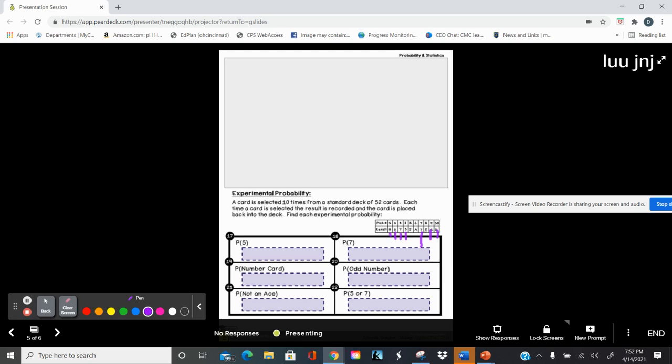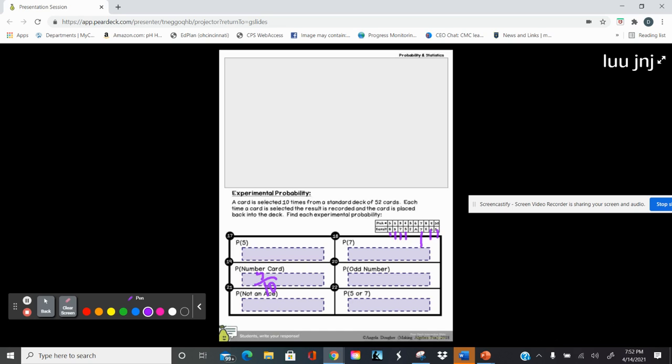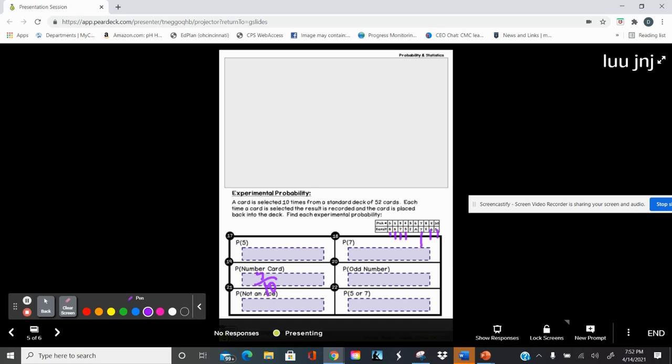And when you see the K, that stands for King. So how many do we have total? 1, 2, 3, 4, 5, 6, 7. We had 7 number cards. So we're going to have 7 over 10. Can that be simplified any further? Nope, it can't.